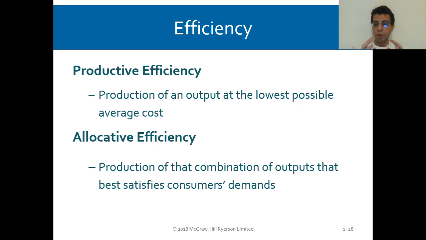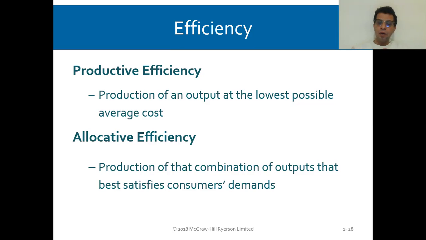And when we talk about average cost, it is total variable cost plus total fixed cost divided by the number of produced units, and that's what you get as the average cost.